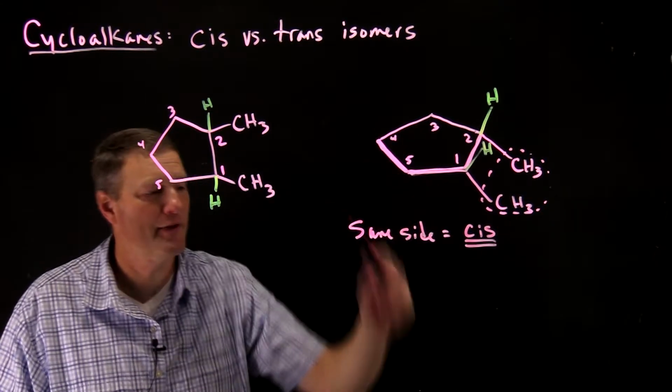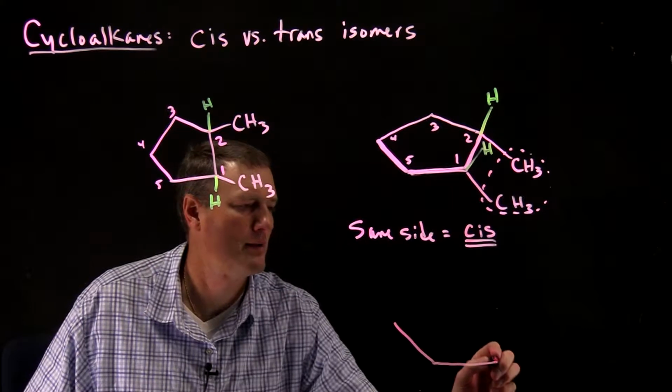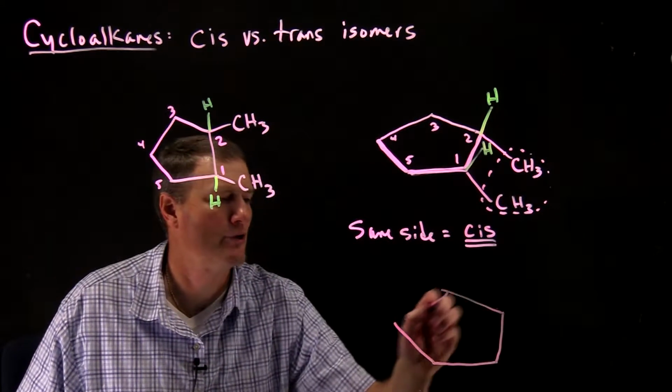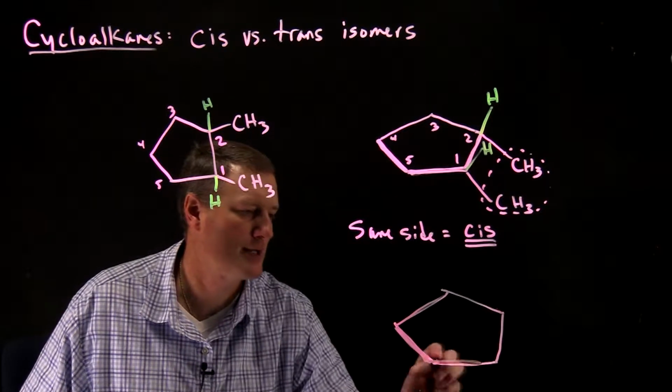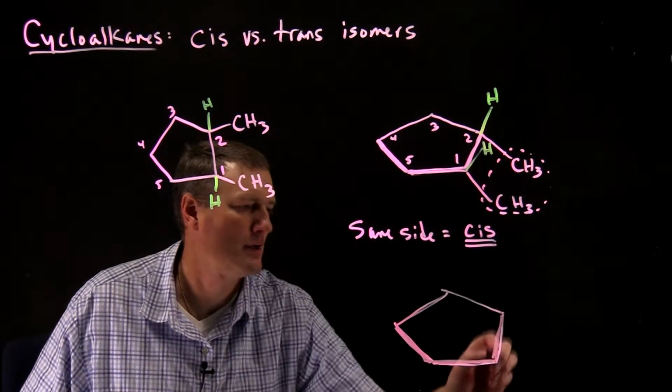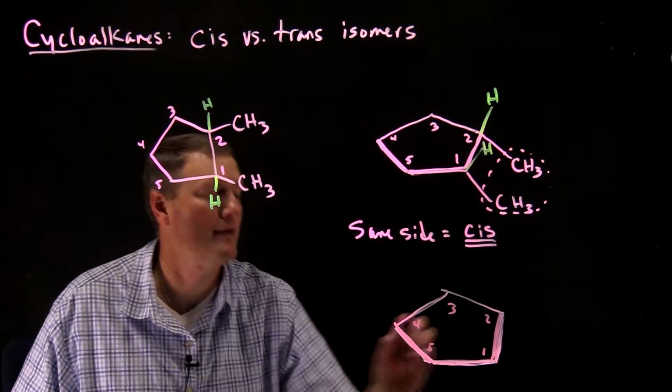Conversely, let's draw the other possible structure here. Again, I'm trying to draw this sort of three-dimensionally, and I'll darken in these bonds here in the front. This would be carbon 1, 2, 3, 4, and 5.